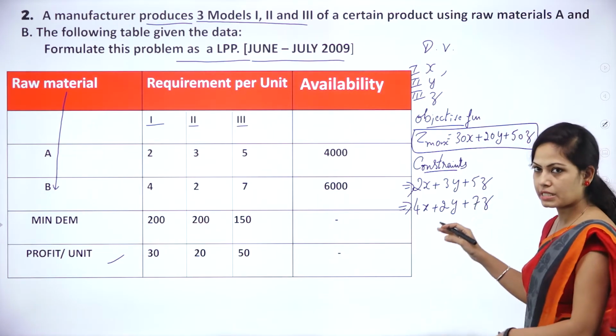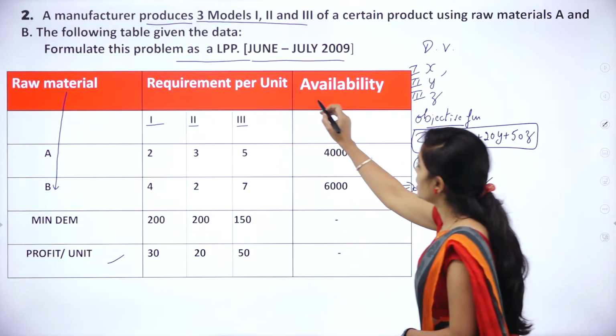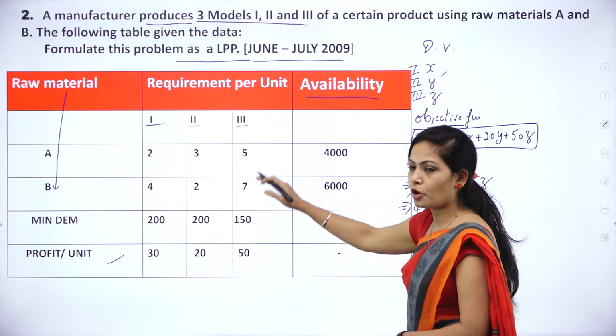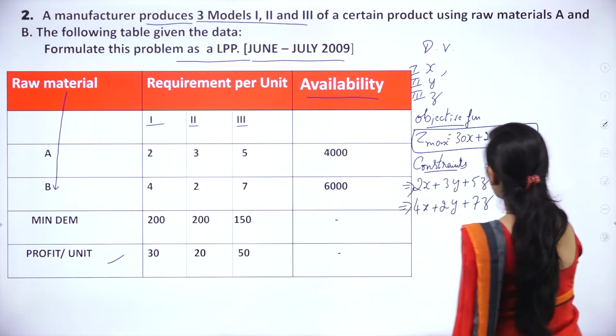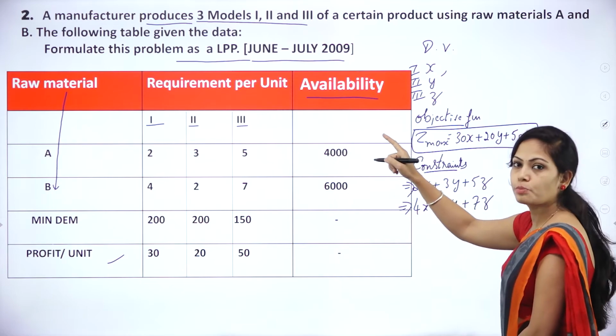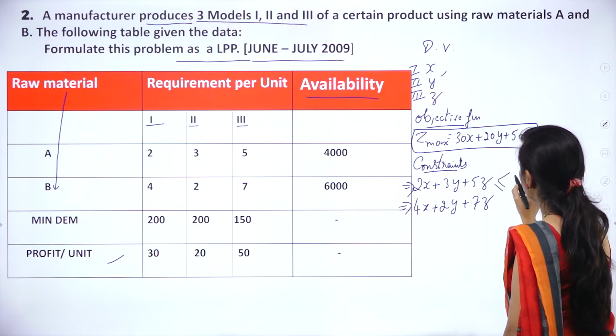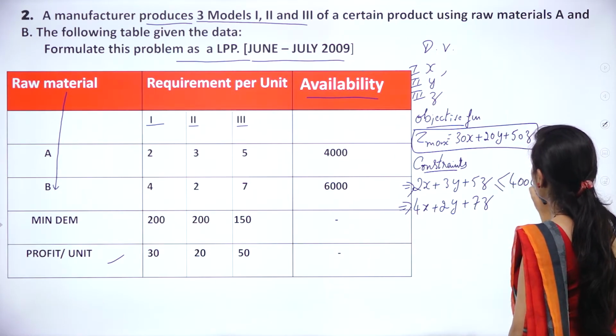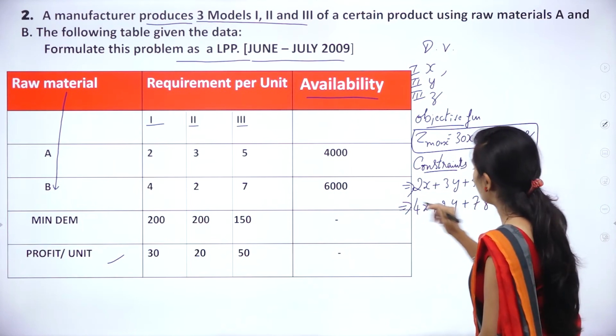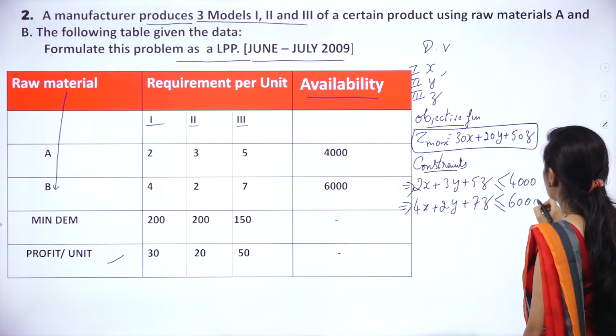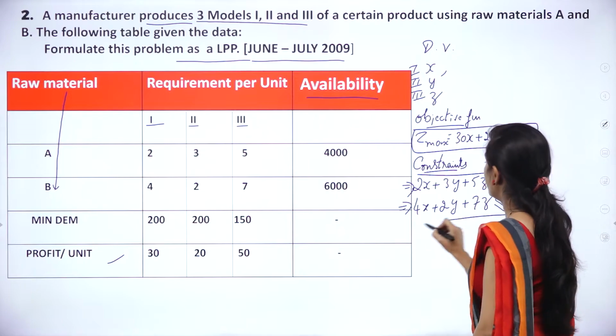So these are my constraints. Just see the availability for these two products, that is 4,000 and 6,000. It is a maximization problem, so I will use less than or equal to 4,000 and less than or equal to 6,000.